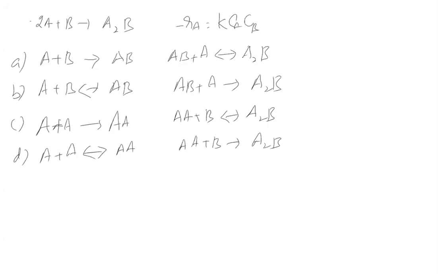Option A and B are not the same. See the reversible sign. Here this is reversible, here this is reversible. Here this is single, this is reversible, this is reversible, this is single.